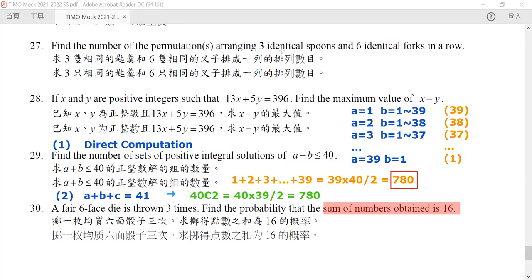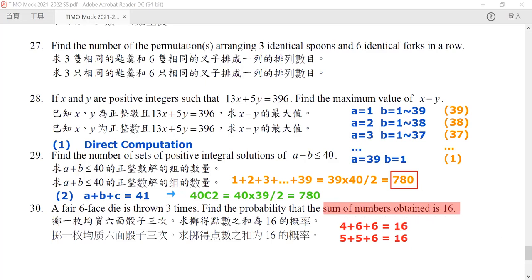You can go for 4 plus 6 plus 6, this is equal to 16. Or 5 plus 5 plus 6, this is also equal to 16. But do you have any other way? No, right?